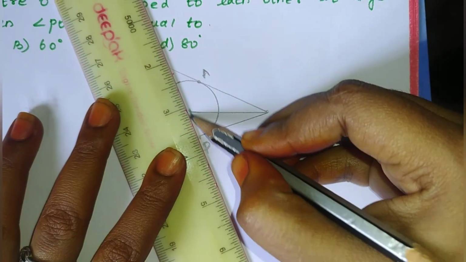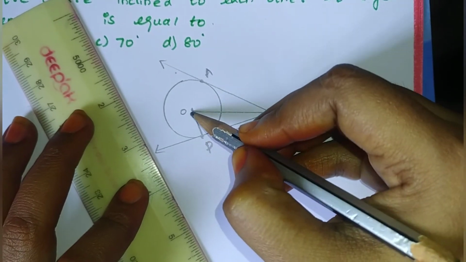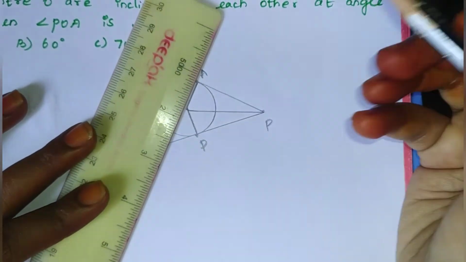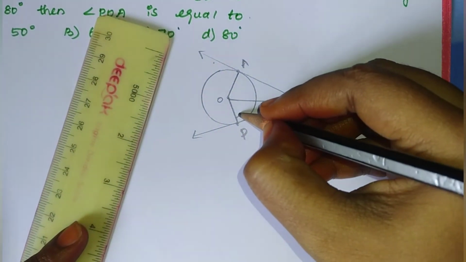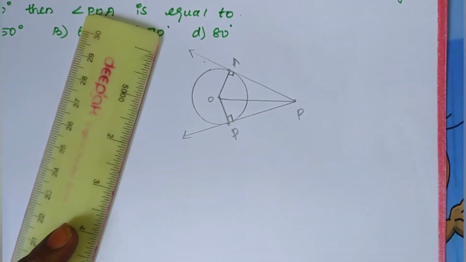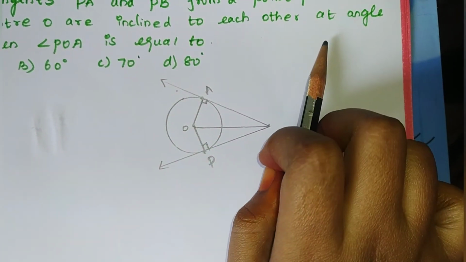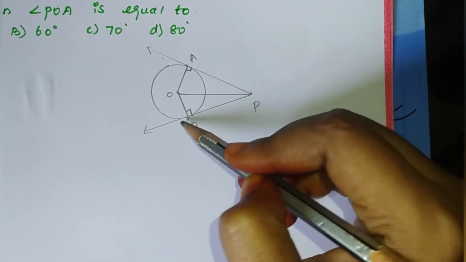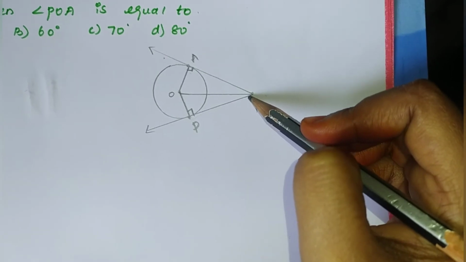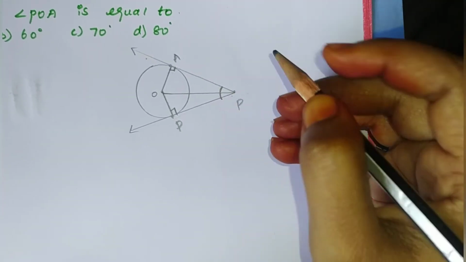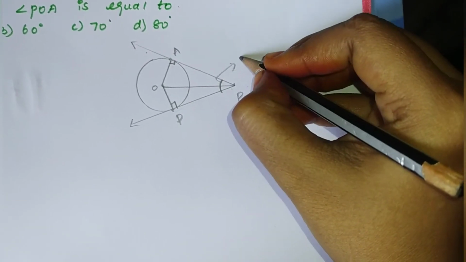Join OP, the center and the point of contact, this will make 90 degrees, that we know. And they are inclined to each other at an angle, the full angle is 80 degrees.